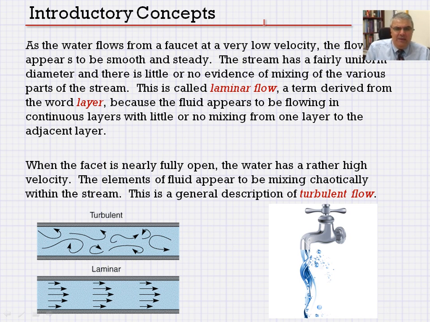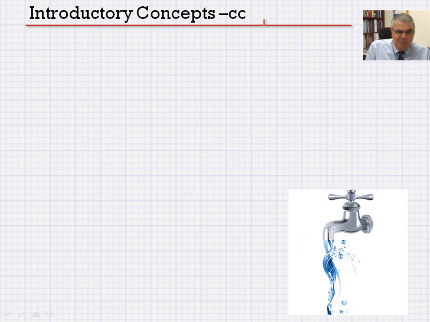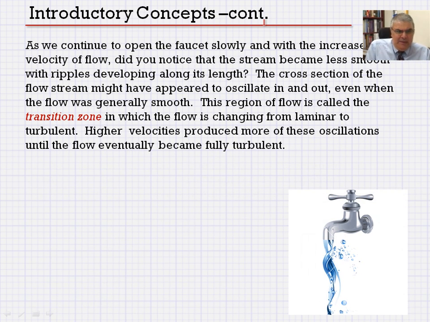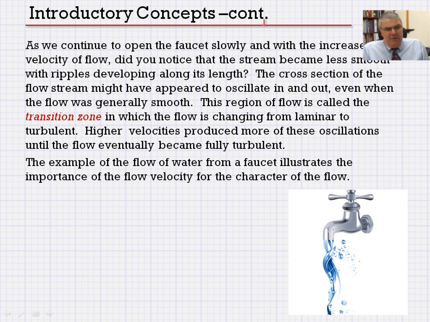This is more like introducing you to the concept of laminar versus turbulent flow at this stage. That transition region of the flow is called the transition zone. Again, in that area, the laminar flow would change into turbulent flow.